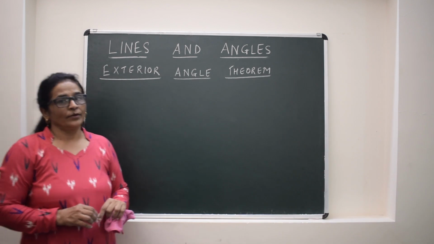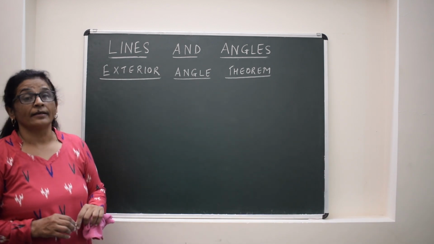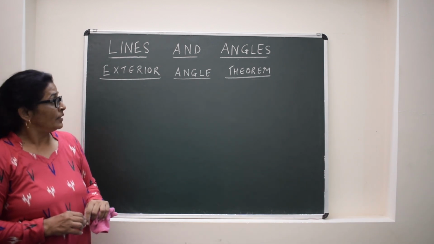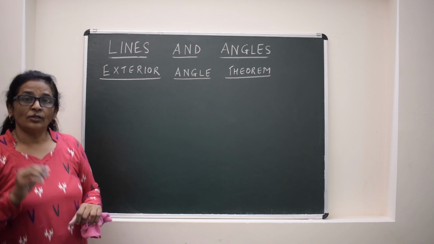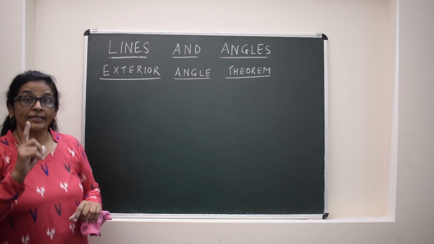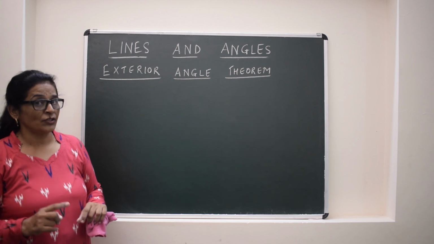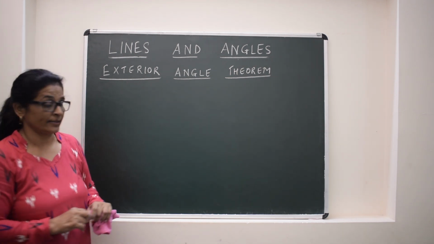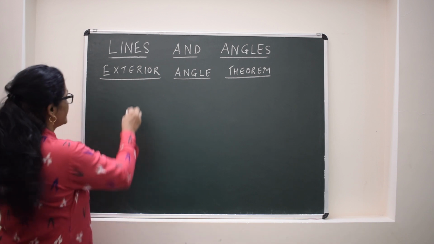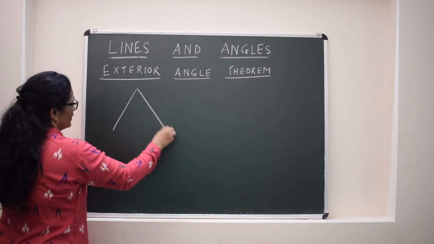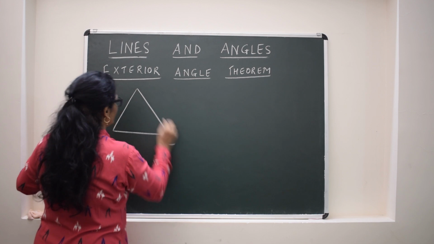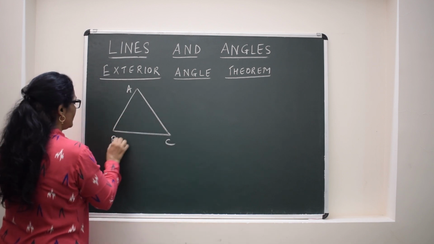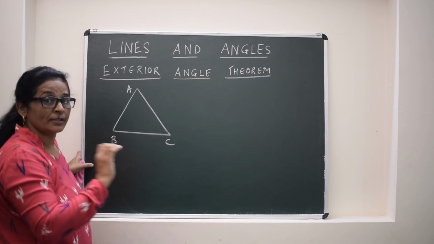Now we'll do one theorem which is based on exterior angles of the triangle. If we extend any of the sides of the triangle, 3 exterior angles will be formed. But the relation is for 1 exterior angle and the opposite 2 interior angles. The possibility is there for any triangle, we can extend or produce any side.